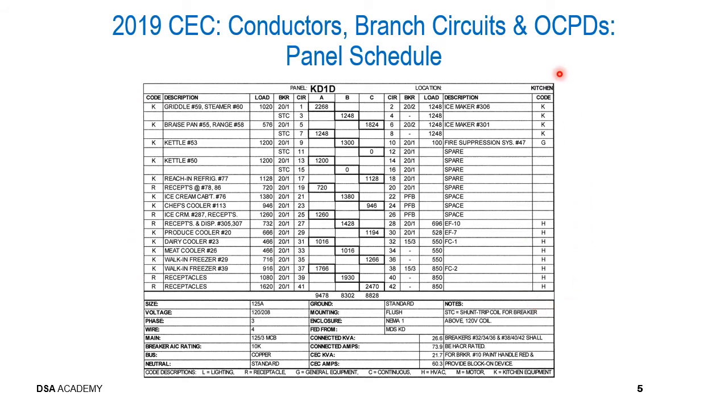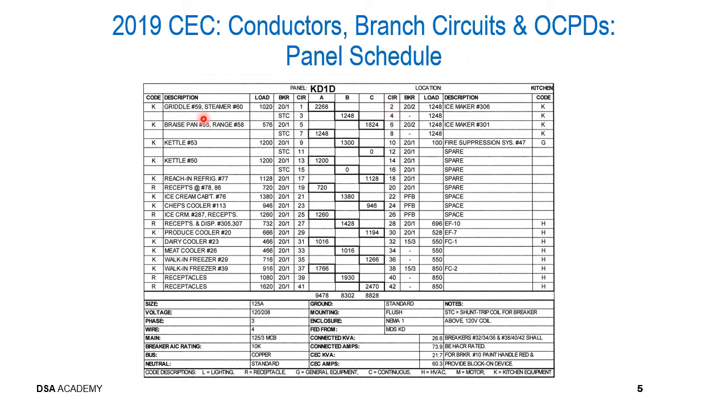Now, the way the panel schedules are set up, it's basically a listing of breakers, and you have your odd numbered breakers identified on the left-hand side of the panel schedule, and the even numbered breakers located on the right-hand side of the panel schedule.